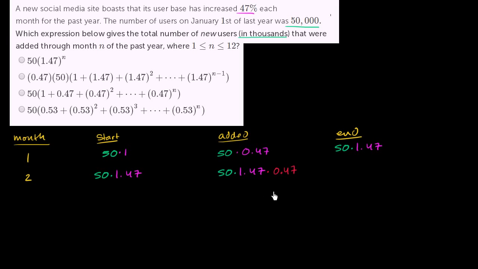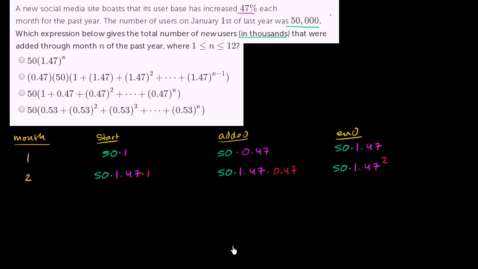And so what are we going to end with? If you sum these two, you could write this as this thing times 1.47, or we could just write this as 50 times 1.47 squared.